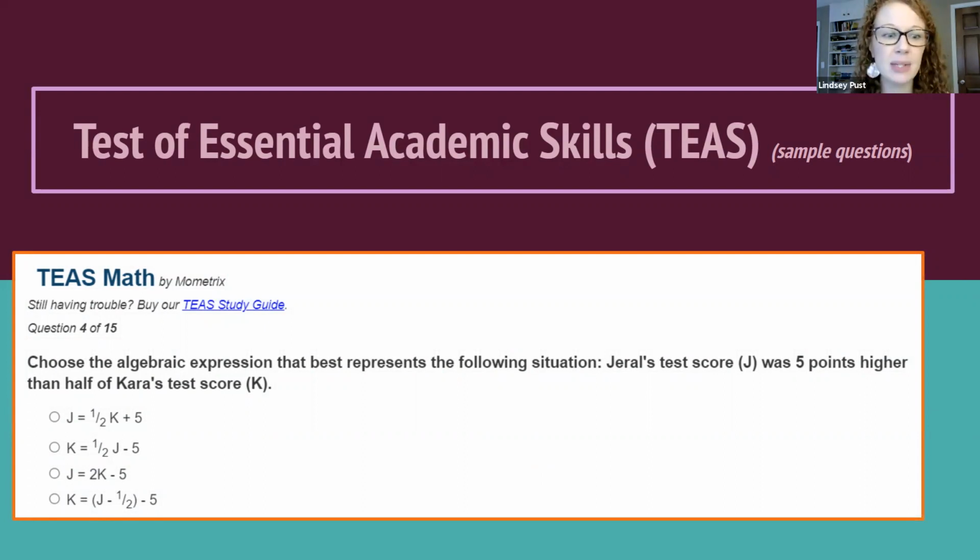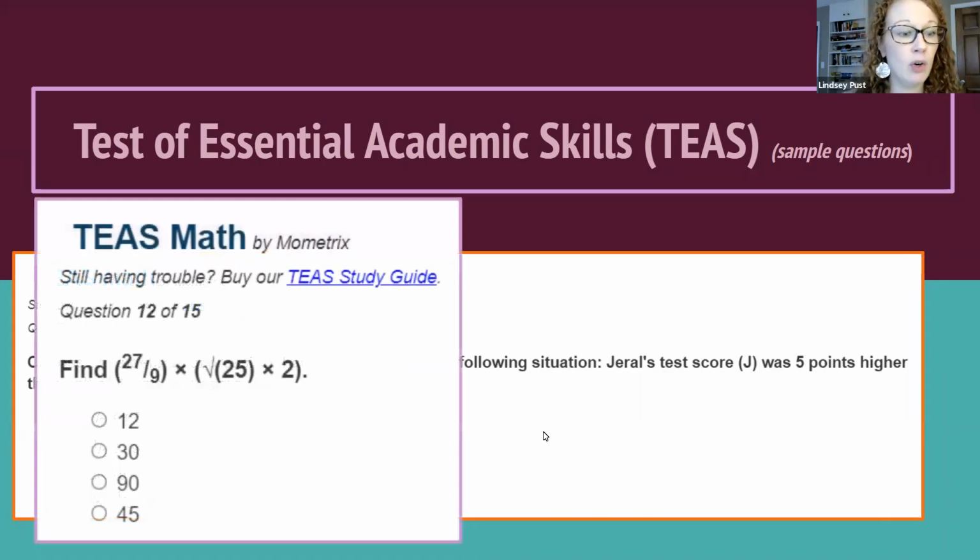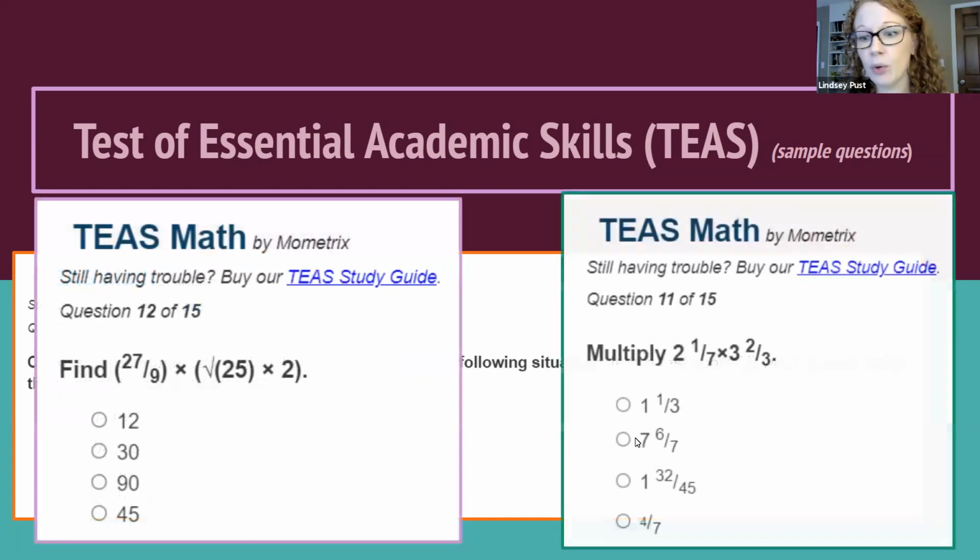Like how do I deal with that? What does that look like in algebraic notation? Or maybe a problem like this. You have a variable in the denominator, or you are multiplying mixed numbers.